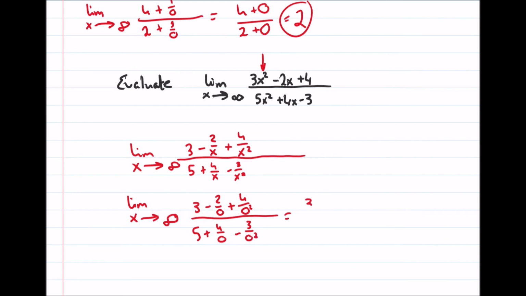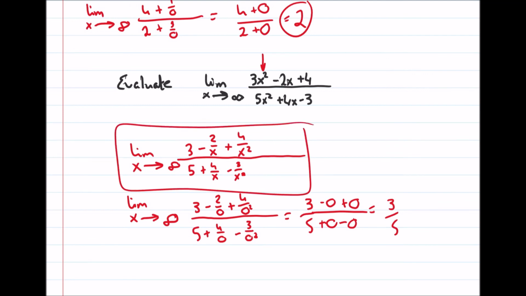That will give us 3 over 5 and minus 0, plus 0, minus 0, plus 0, which will just give us 3 over 5. Okay, so as this function approaches infinity, we get closer and closer to 3 over 5.